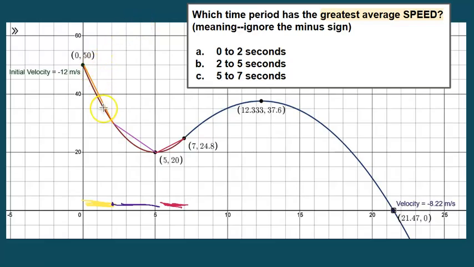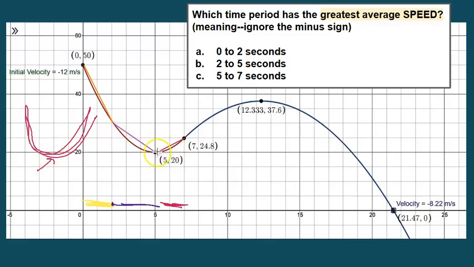Hopefully you can see that the orange line is the steepest, so that means it's the greatest average speed. This should also make sense, because we will talk about this a lot: the closer you are to the vertex, where it's turning around, the smaller the speeds.